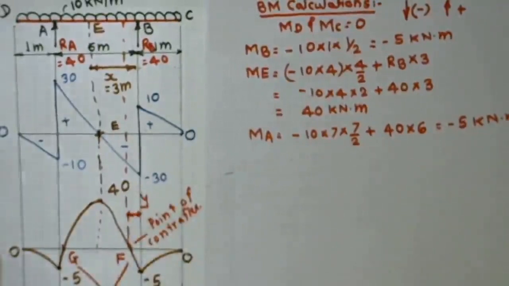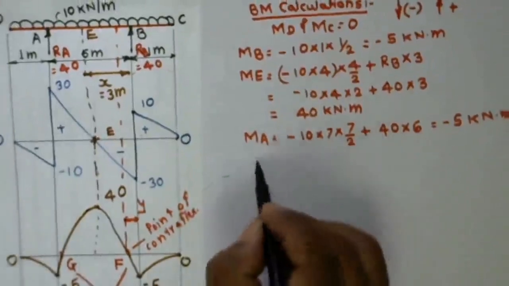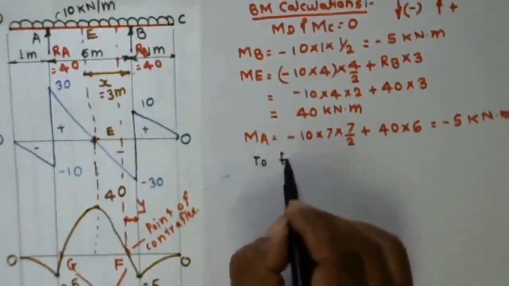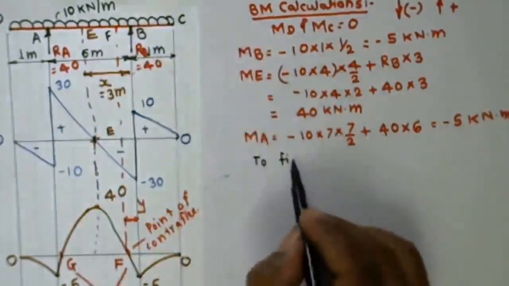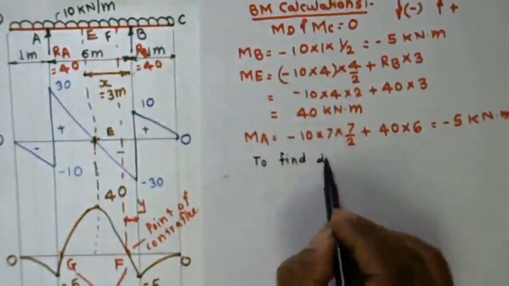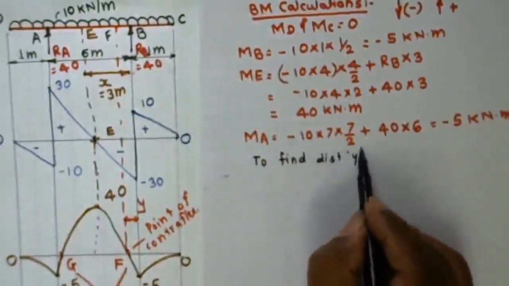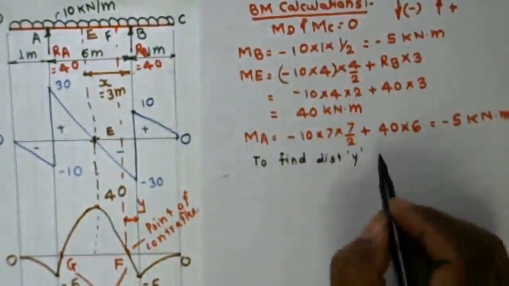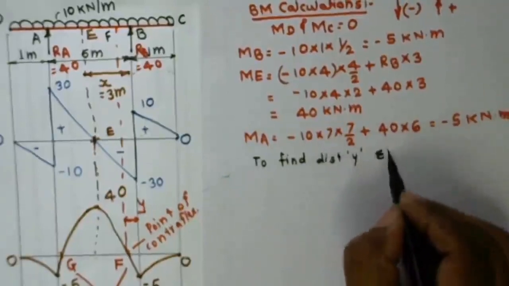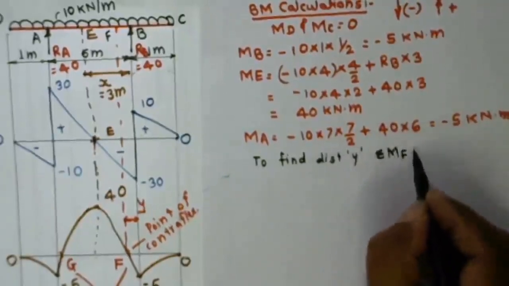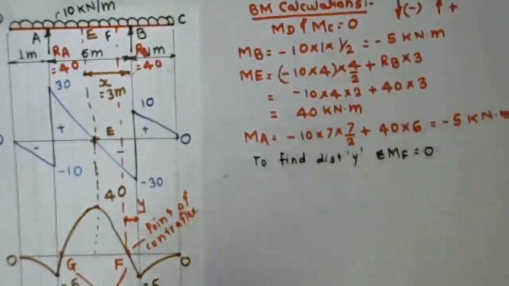Okay, so to calculate the distance y, to find the position of the point of contraflexure, take moments about point F and equate with 0. Summation of moments about the point F equals 0.